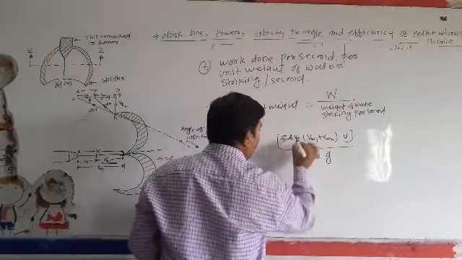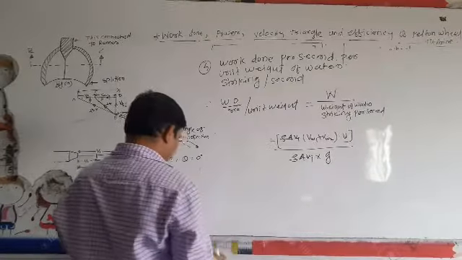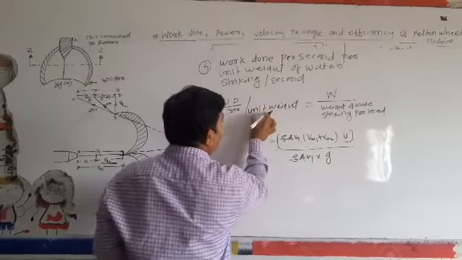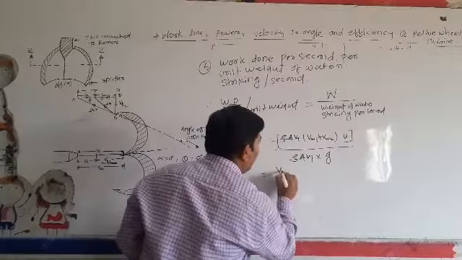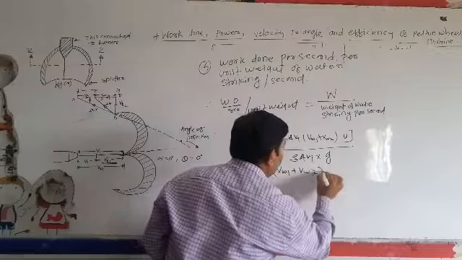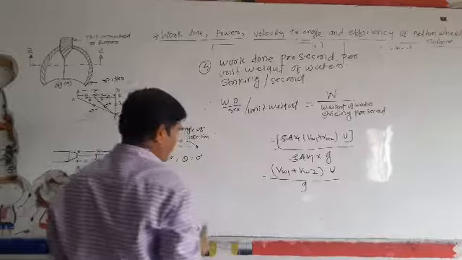This rho a v1 gets cancelled, and the work done per second per unit weight is equal to (Vw1 plus Vw2) into velocity of bucket u, divided by g.